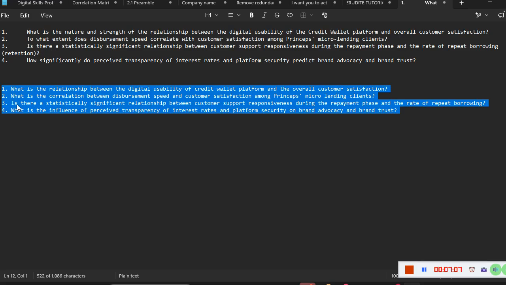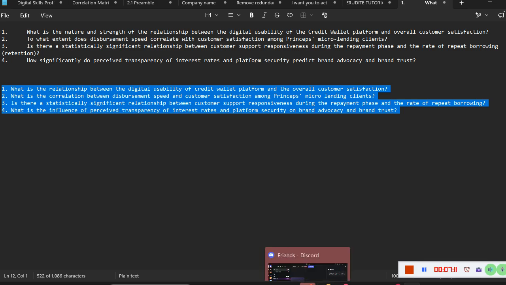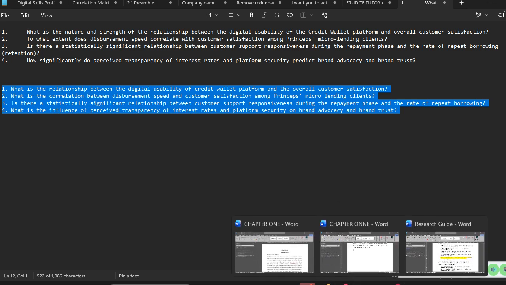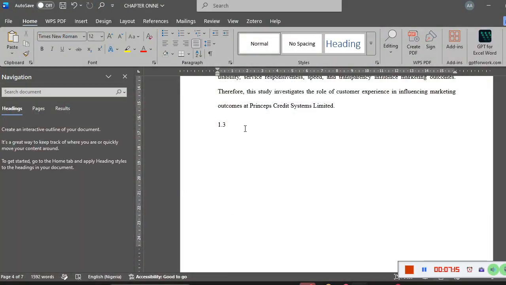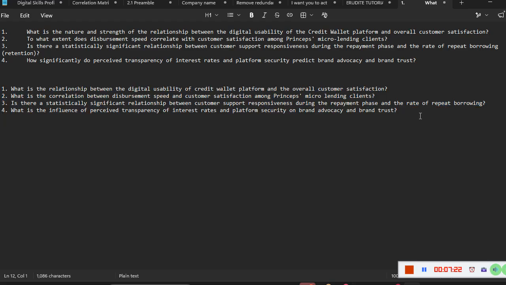I could even use something of that nature, but I just want to maintain it that way. So, okay, that is our research question.